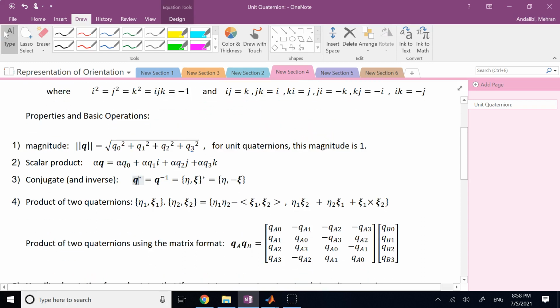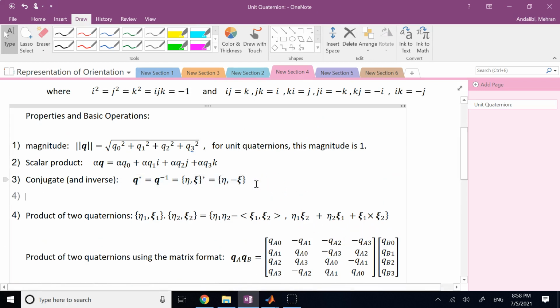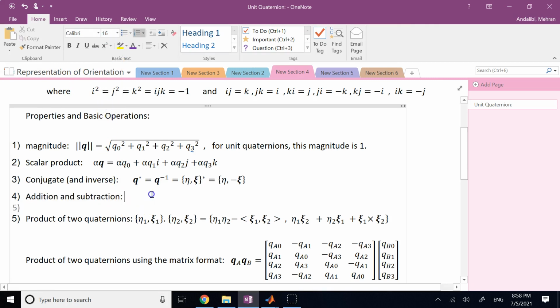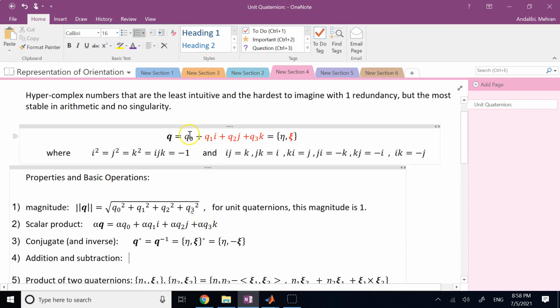If you want, I can add it for you here, but it's not such a big thing. But well, let's just do that for the sake of completeness of this lecture. So addition and subtraction is, if you want to add something like this.